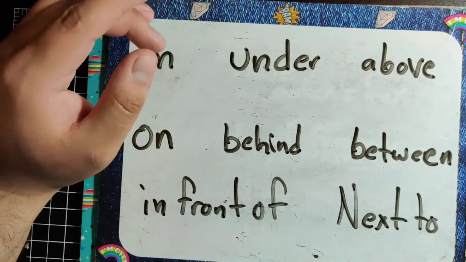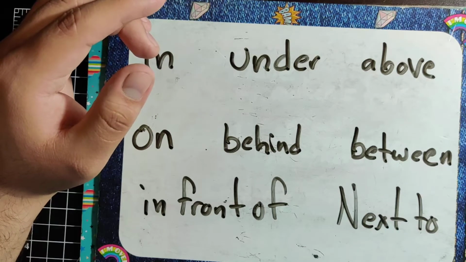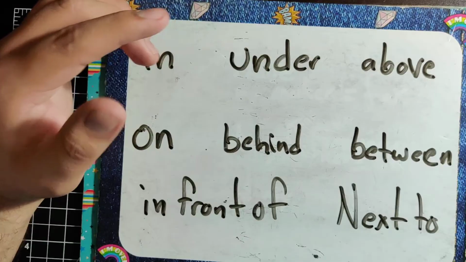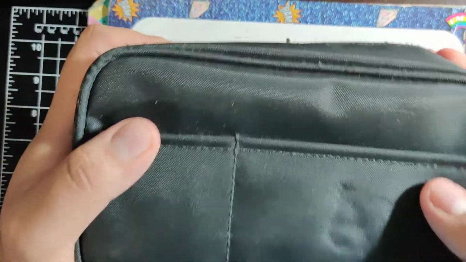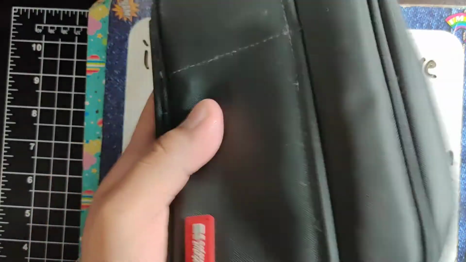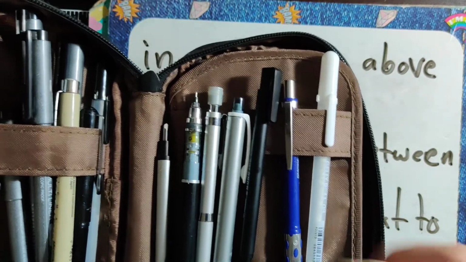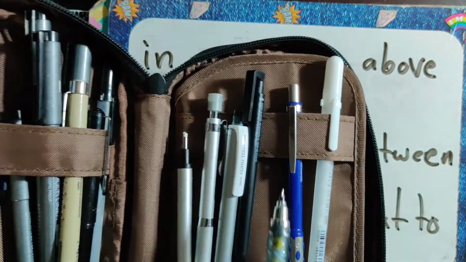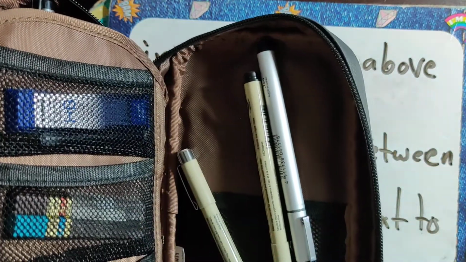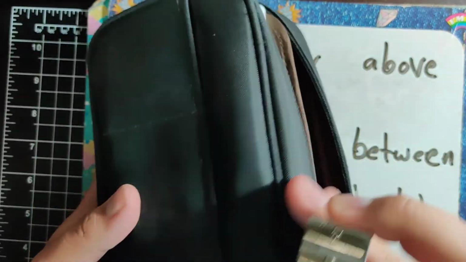So let's see. Let's put an example using this. Okay? Let's use my pencil case. Now, let's use this pencil. Or better yet, let's use, and this new word for some of you, sharpener.